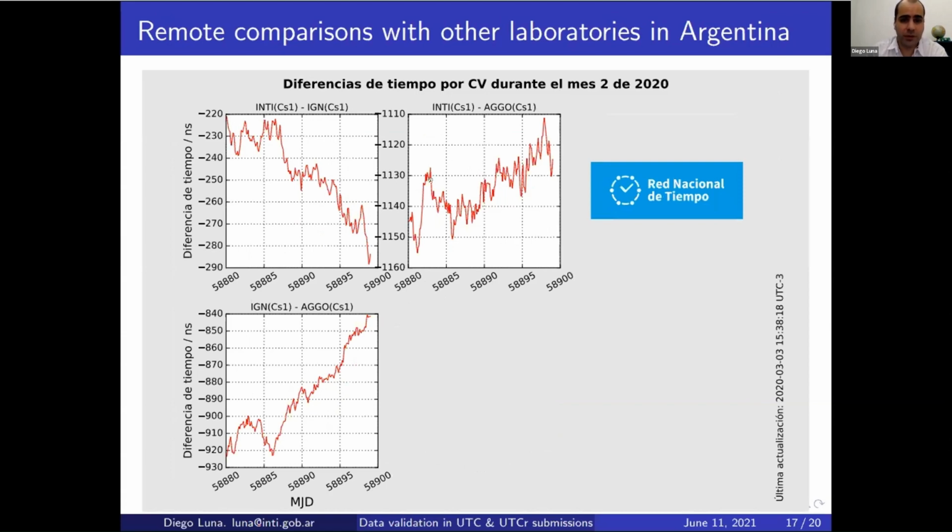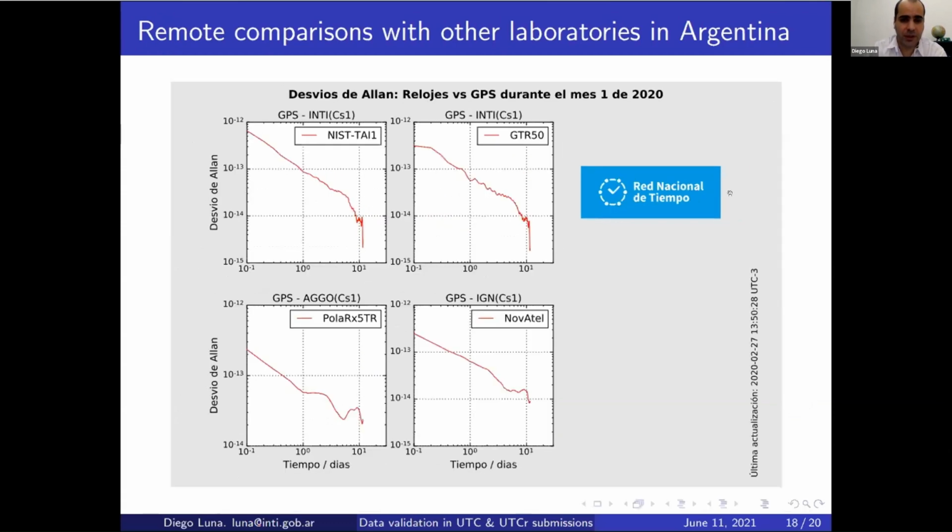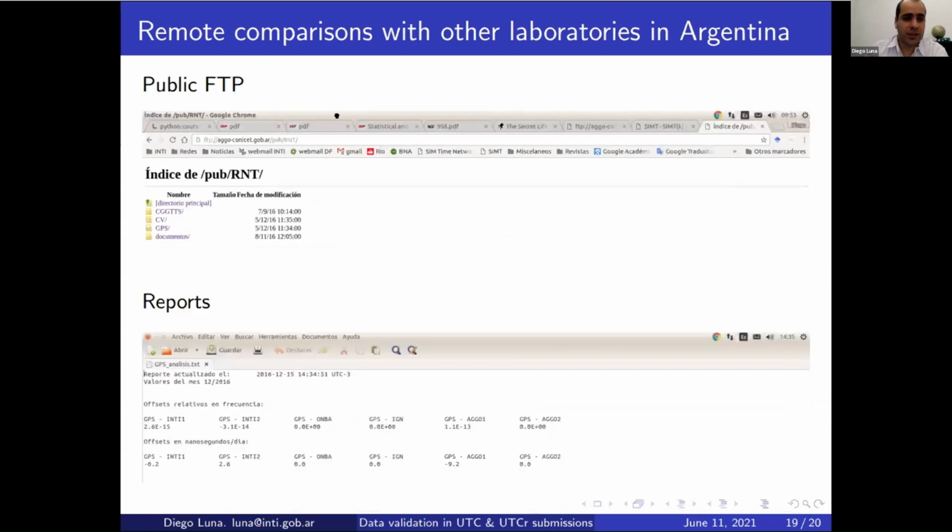And we also make common view measurements with the other laboratories to check our clocks. We call this initiative Red Nacional de Tiempo. It's a national time network. We work on it. And we also calculate, for example, the Allan deviation of the clocks. And all this information is stored in a public FTP where everyone can access, not only the laboratories, anyone is free access.